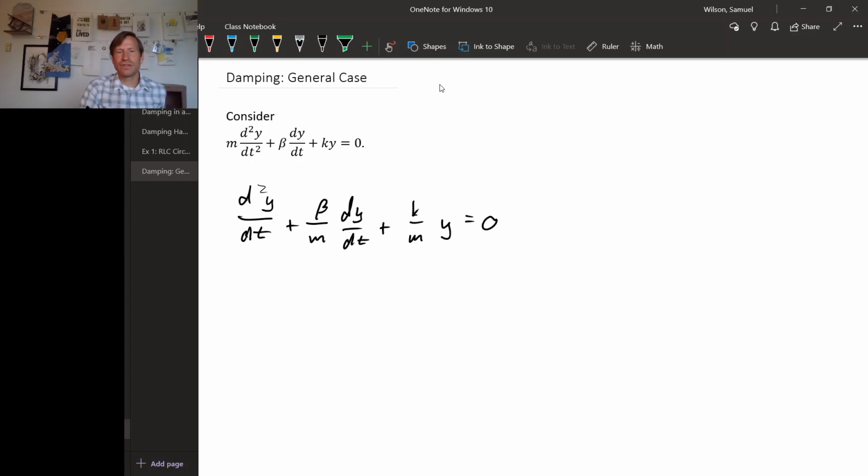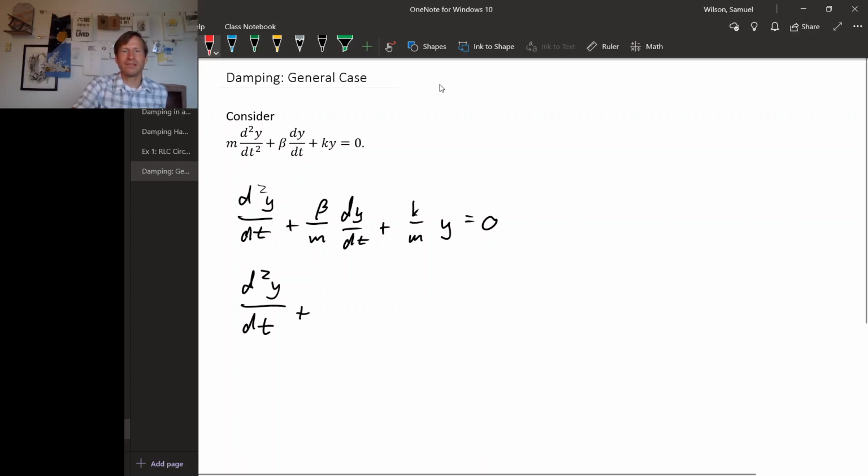And it's a little clumsy to work out what the general solution to this sort of thing is with these coefficients being fractions like this. So the traditional thing to do is name this coefficient, beta over m, name that 2 times lambda.